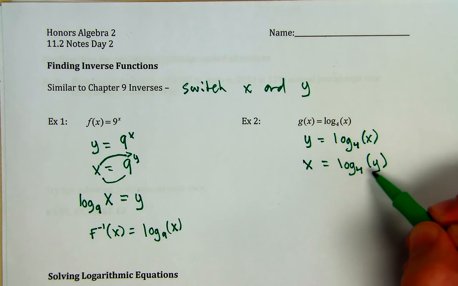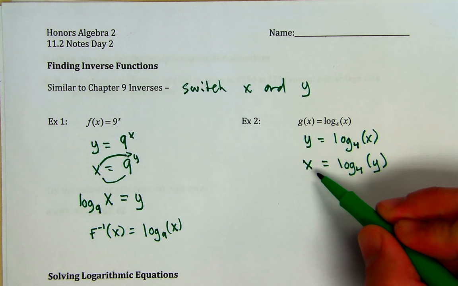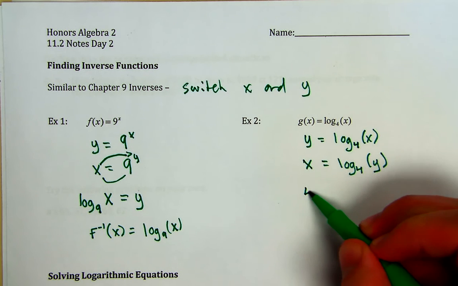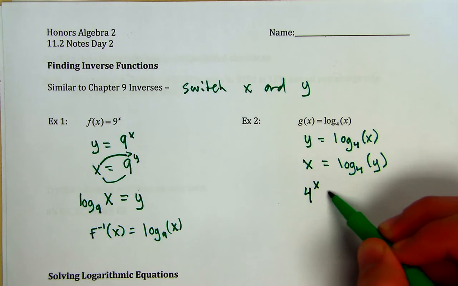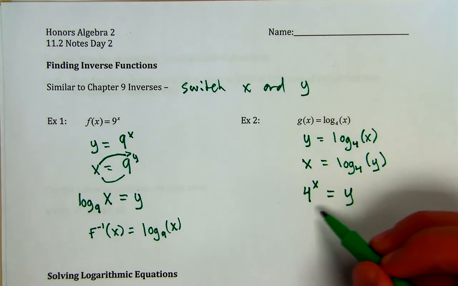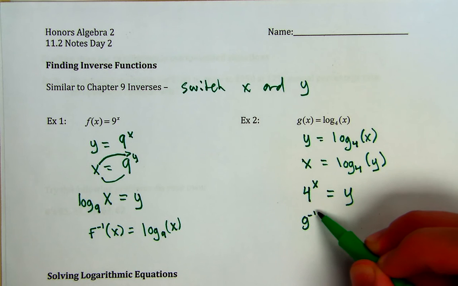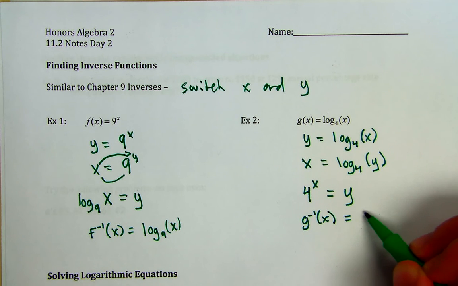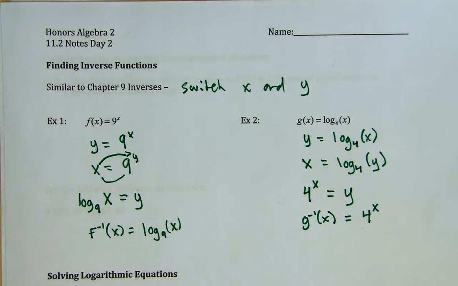So remember, the base is raised to the exponent of the answer. So the base 4 raised to the exponent is y. And again, change it out. G inverse of x equals 4 to the power x.